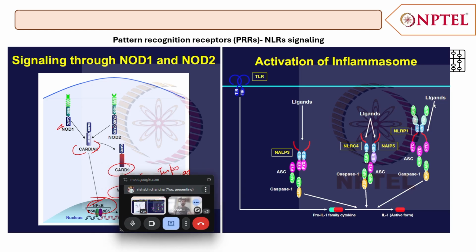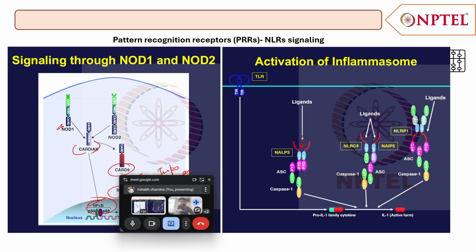And then there are certain inflammasomes, as we said, that function in either caspase 1 independent or caspase 1 dependent conditions. So we have NALP3 that is activated in response to ligands.